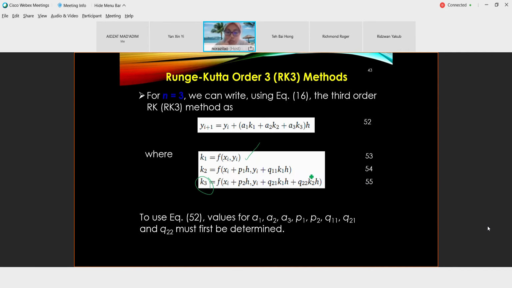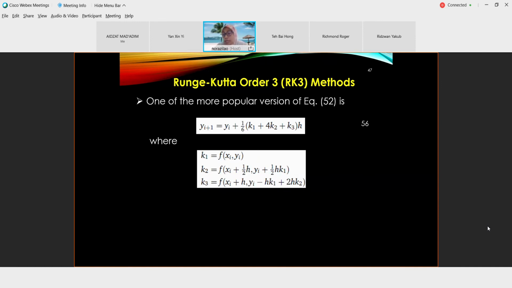So for this equation, okay, the question always give or mention what is the value for P1, Q11, P2 and Q21. Don't panic. So we will give the value. If P1 equal Q11, so this is only 1. If P2 equal Q21, only 1, so you just can put 1. Okay, simplified version.